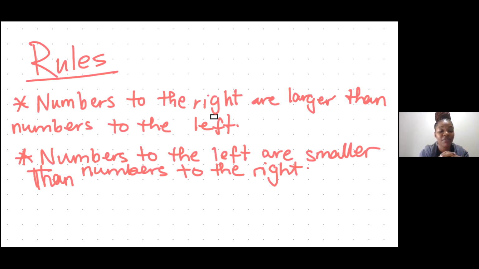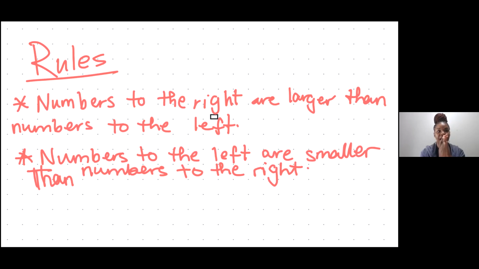Some basic rules and properties we want to know when dealing with the number line is that if I have a number, the number to the right of that number is larger than my number, and a number to the left of it is smaller. So numbers on the right are larger than my number. Numbers to the left are smaller than my number.